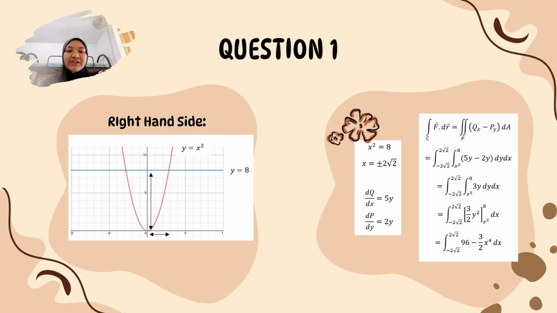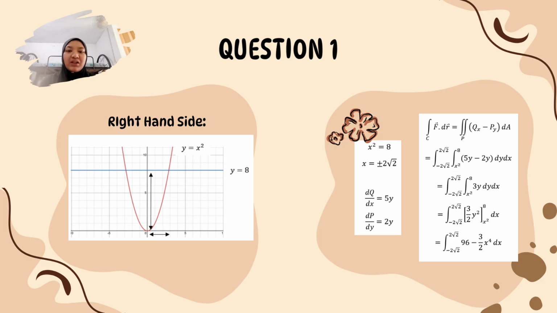From the graph, the region is bounded by the parabola y = x² and the horizontal line y = 8. By substituting y = 8 into the parabola, we obtain that x = ±2√2, which gives the limits of integration.